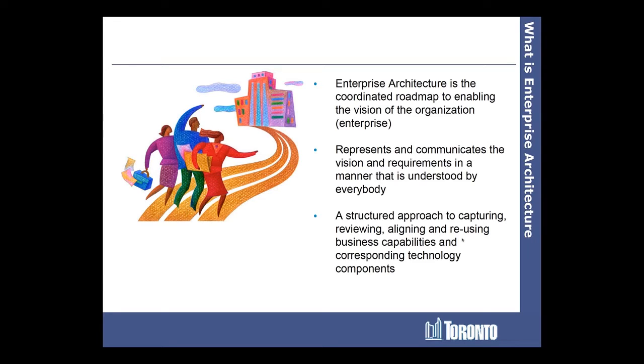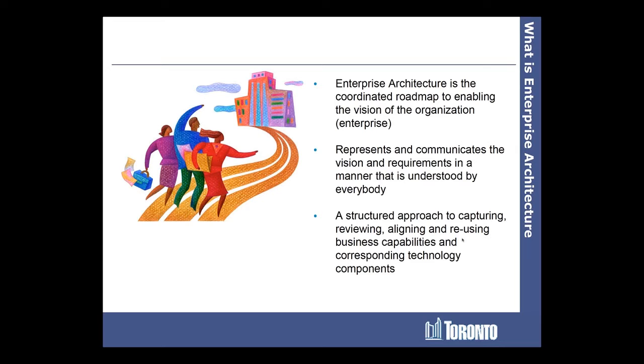The second piece is we're trying to represent and communicate the vision through requirements, so they're understood by everybody, like a common language. Some of the models and techniques we're using are about creating that common language and common understanding, making things clear not just from a specific solution perspective, but from an enterprise perspective.